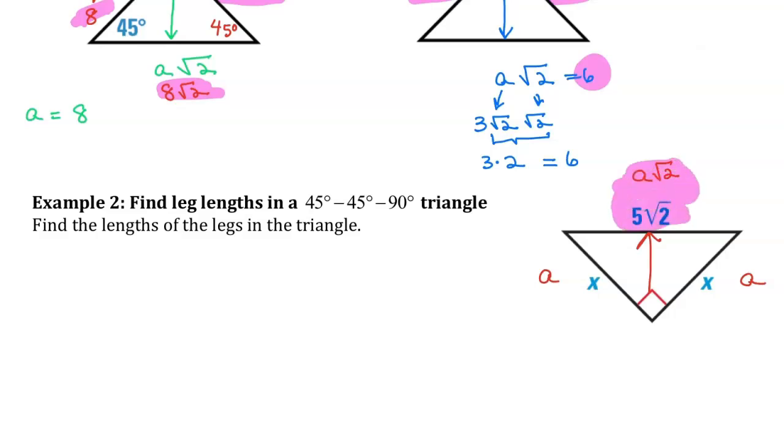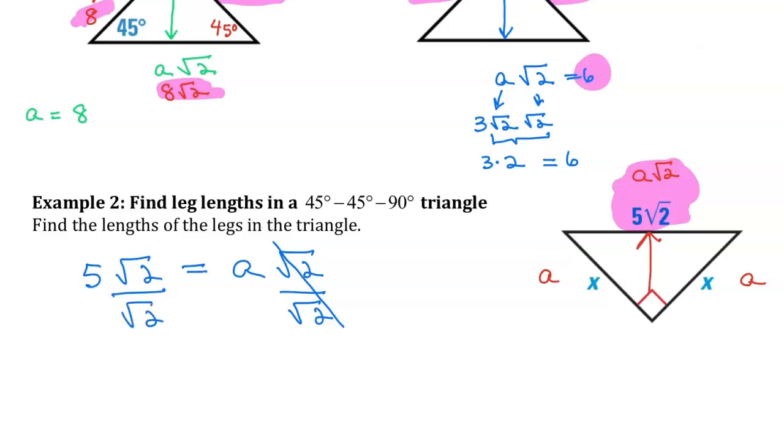Do you see how right here I can make an equation by saying 5 root 2 equals a root 2? Okay, if that's the case, what's my a? If I divide by root 2 to get it by itself, that becomes a 1, so that cancels.